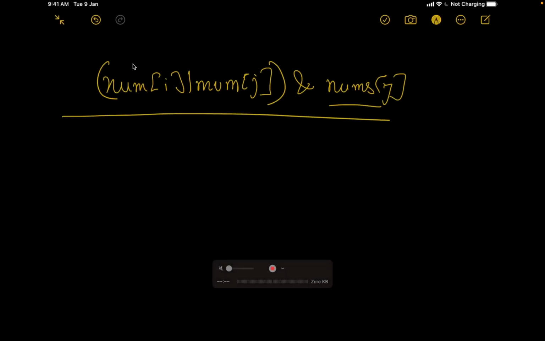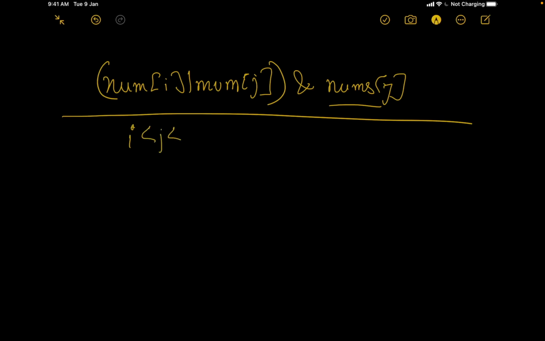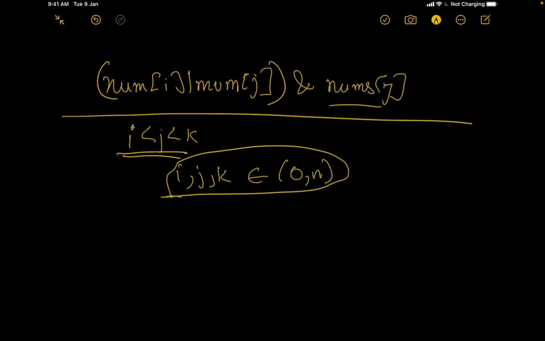So what's the observation we need? Over here it's not like i is less than j or less than k. So i, j, k can be anything from 0 to n. This is a very important thing, because of this, let's say we are talking of nums[i] and nums[j].